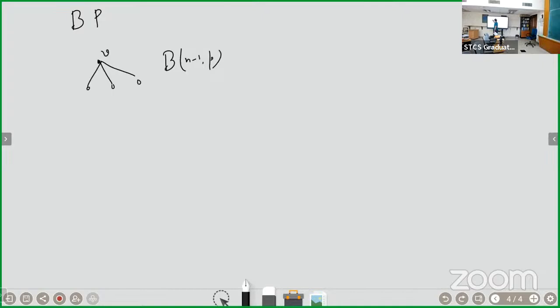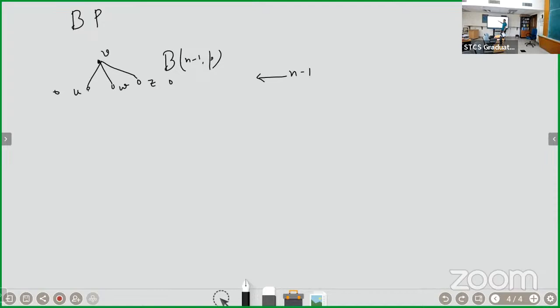From here onwards, what is going on? I've started with one particular vertex. Let's say I'm connected to U, connected to W, Z, and the rest of them I don't have a connection to. So the possible choices were n minus 1 of these.